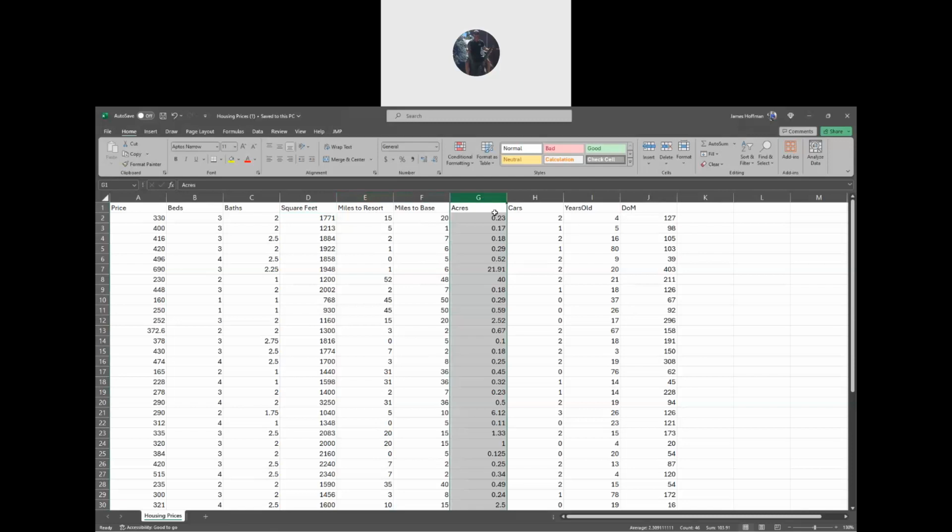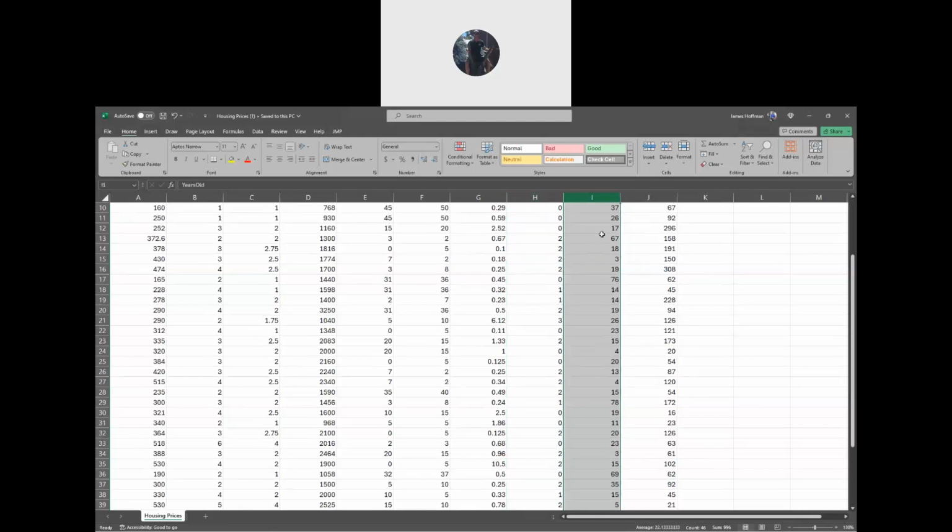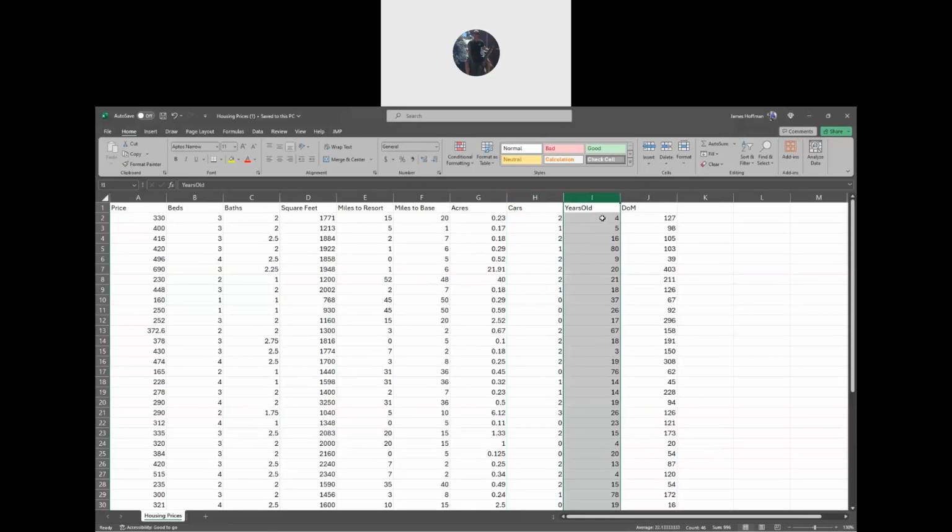Bigger acres should lead to higher value depending on a number of things. Probably more cars in the garage should increase the house. Years old is kind of ambiguous because sometimes home buyers prefer older houses based on the uniqueness, but newer houses could have better insulation. So I'm not sure. And then days on market, not sure if it would be any effect or if it would be up or down.